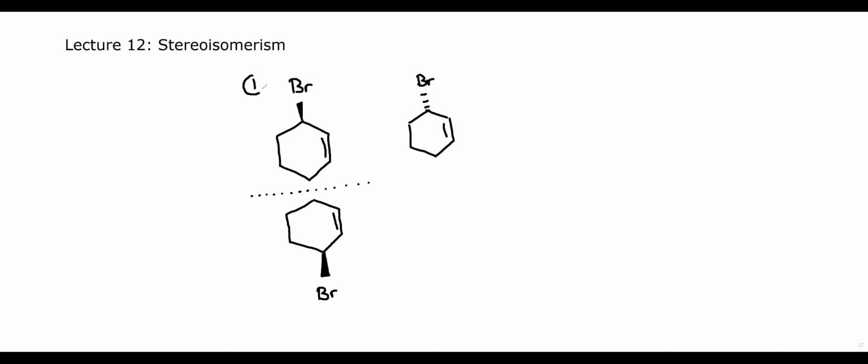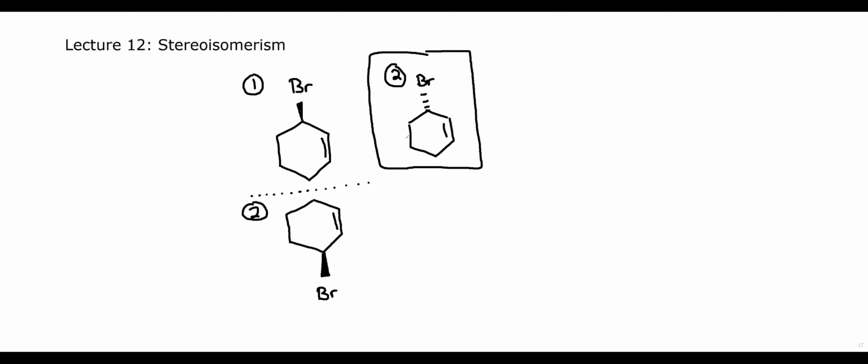So 1 is our starting molecule. Here's the enantiomer of it, 2, and here's 2 drawn differently, but it's the same molecule. So 2 up here and 2 down here are exactly the same. I got 2 up here in the box simply by changing out the wedge for a hash.